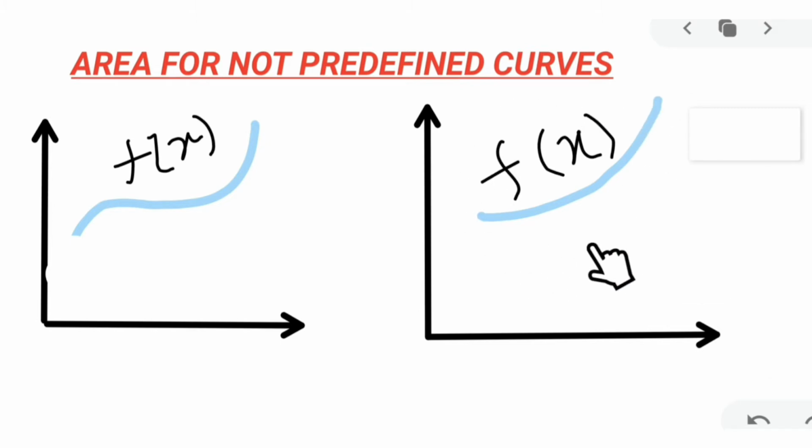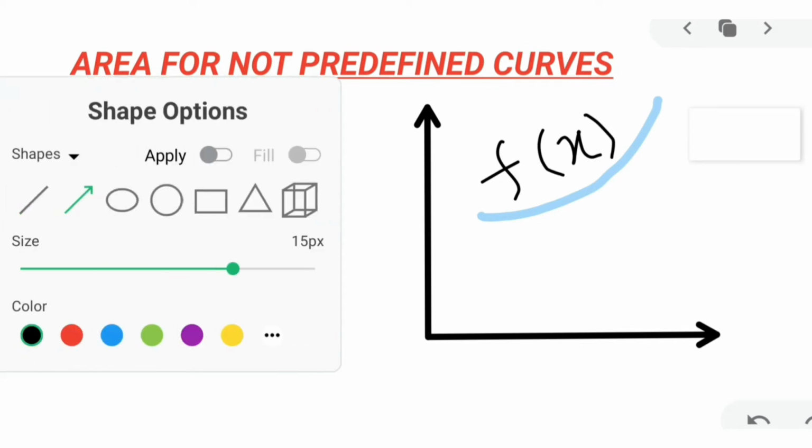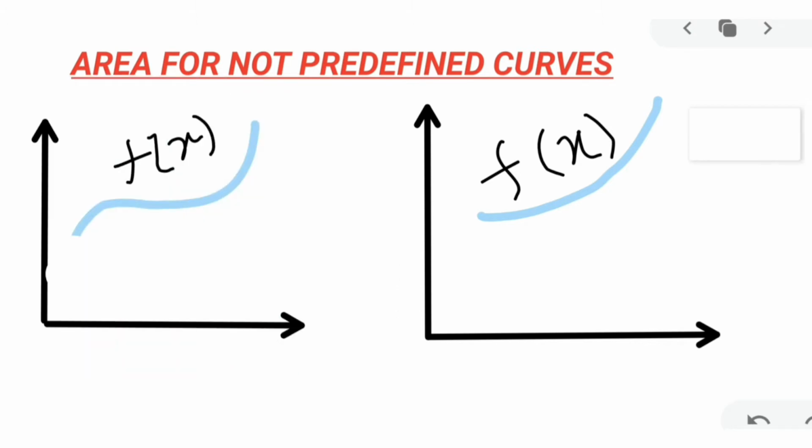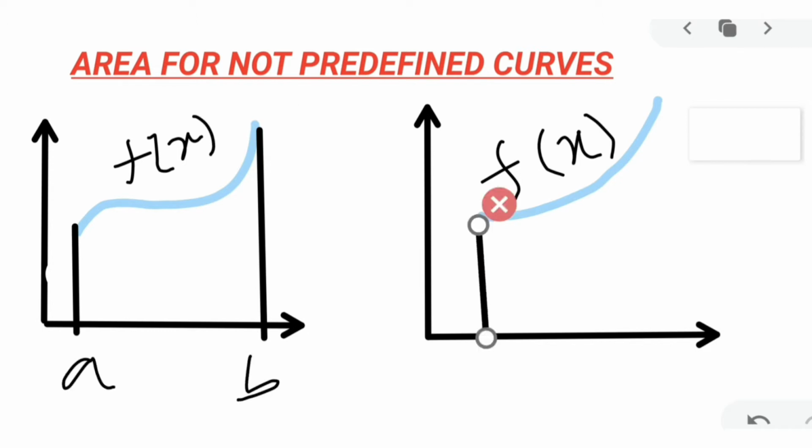So to find out this area, what do we need to do? Here we need to apply integration. Let's take this limit as a and b, and this limit again as a and b.